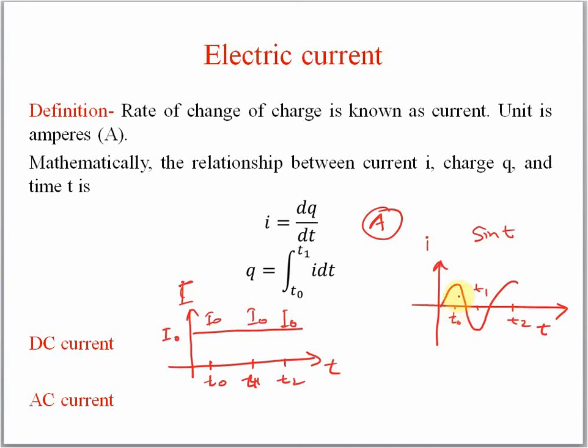At time t naught, what will be the current? Suppose I1, and at time t1, what will be the current? This current is minus I1. And at time t2, the current is this.